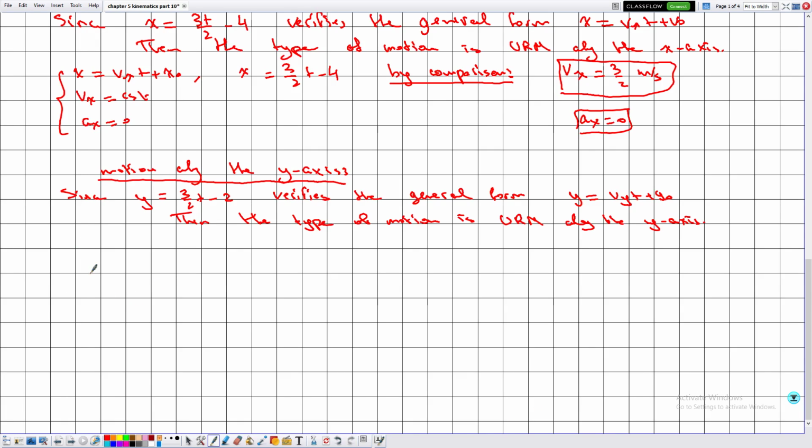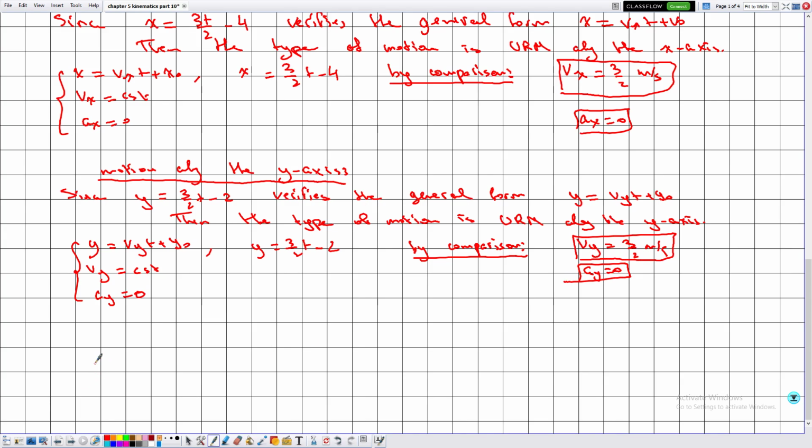So in this case we can directly use the following equations: y is equal to Vy t plus y0, Vy is equal to a constant, and Ay is equal to 0, and we have that y is equal to 3 over 2 t minus 2. Then by comparison we have that Vy is equal to 3 over 2 meters per second and Ay is equal to 0.